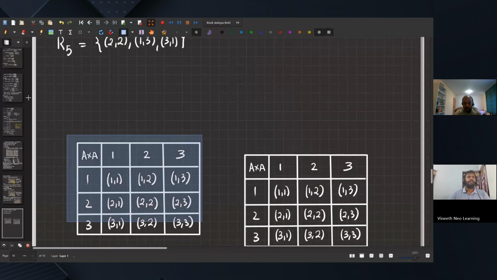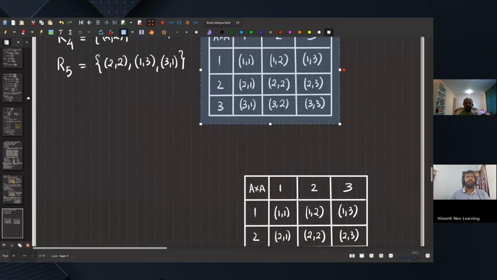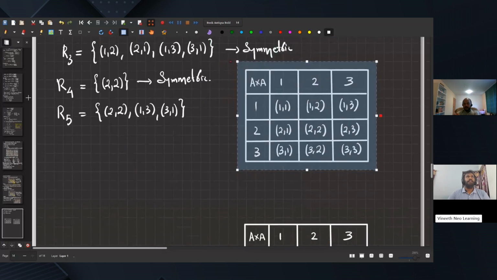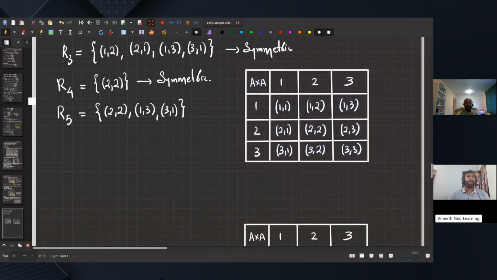For every (x,y), there is a (y,x). Exactly. Here (2,2)'s diagonally opposite pair is (2,2) itself. Then (3,1) is present and (1,3) is present. So this is a symmetric relation.